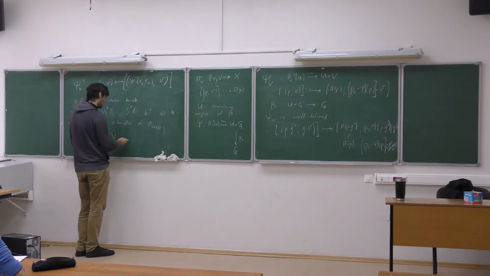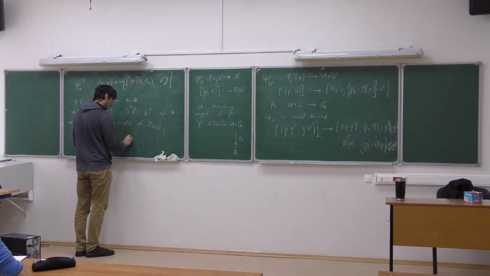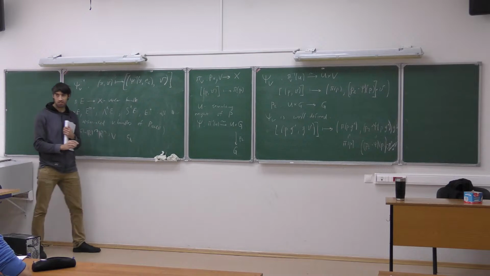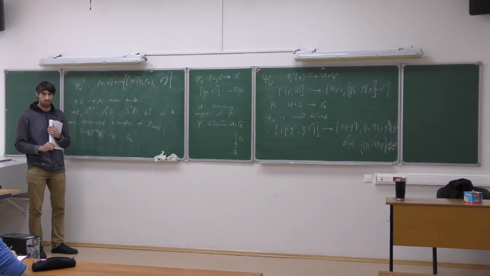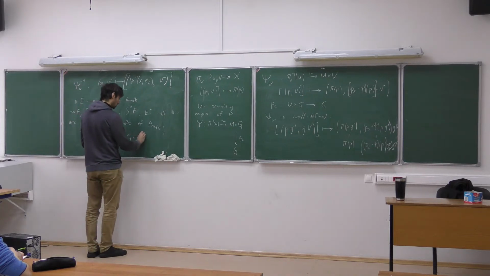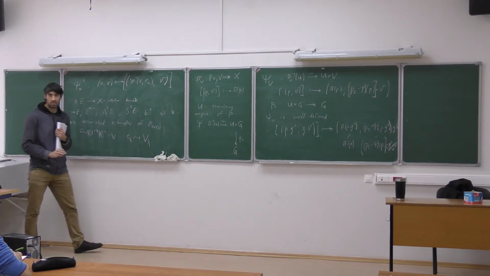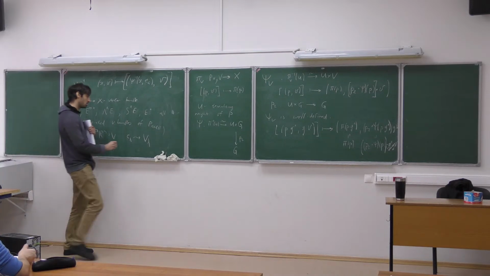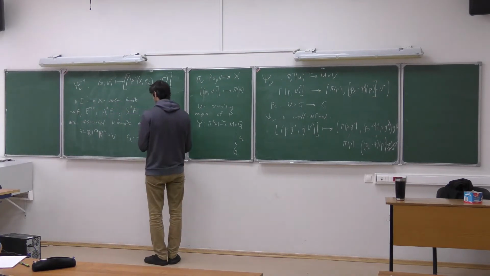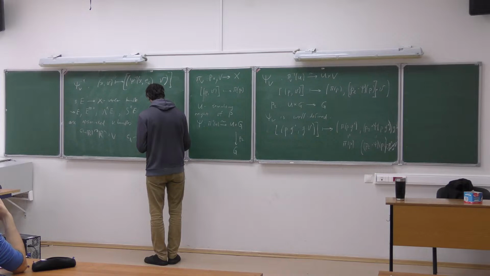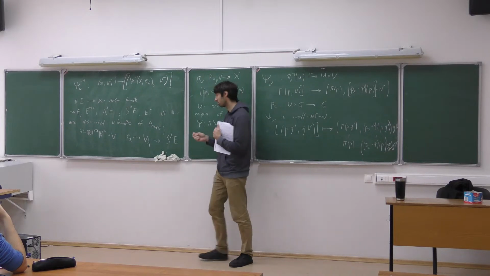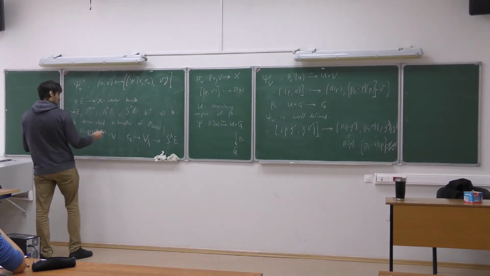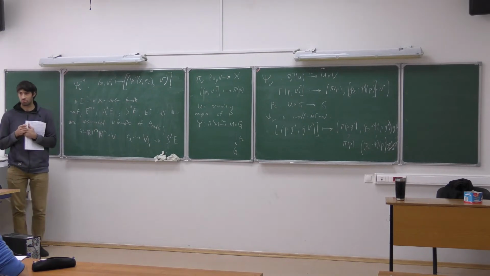You can take any Young symmetrizer corresponding to any partition lambda, and this will give you some representation V lambda of GLn, and actually you can form something which you can denote S lambda E. You have a bunch of vector bundles just from studying this guy and representations of GLn.